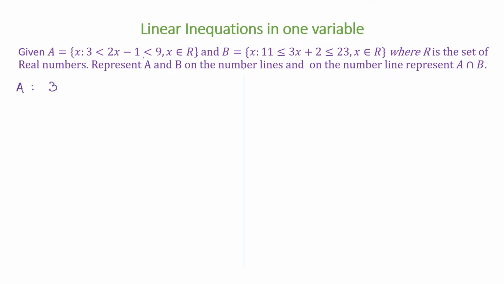I'm writing down for A: 3 is less than 2x minus 1 is less than 9, and remember that x belongs to R. This is a fairly simple question, and therefore I'm not separating it out into two different parts, but as a single part, because I want a single x over here, first I will get rid of this minus 1. In order to do that, I am doing 3 plus 1 is less than 2x minus 1 plus 1 is less than 9 plus 1.